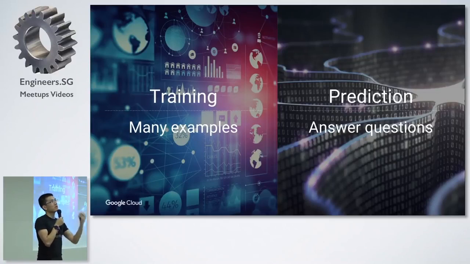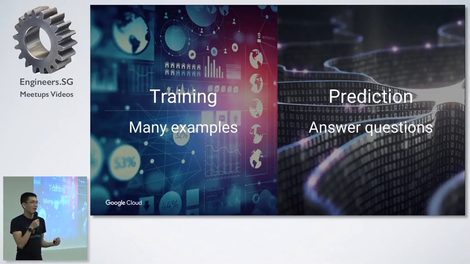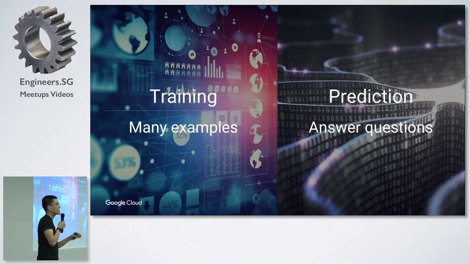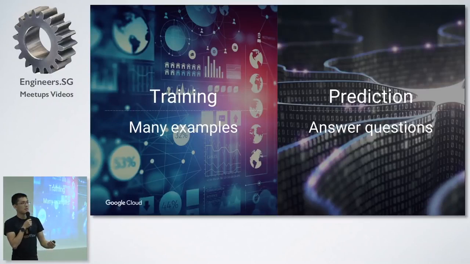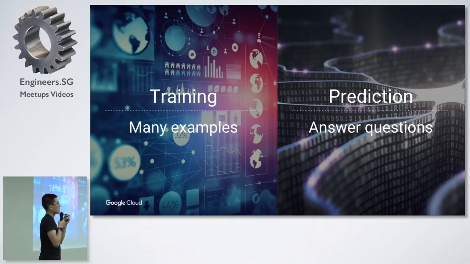Conversely, if you have a really great scalable system and backend, but your model is really inaccurate because your training didn't work very well and it's not recognizing the data patterns, that's also not going to work.